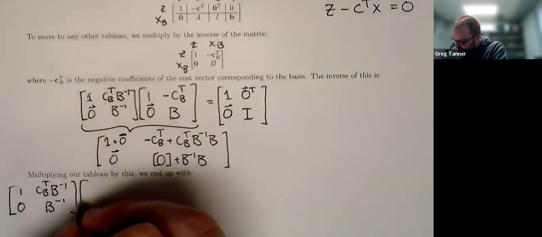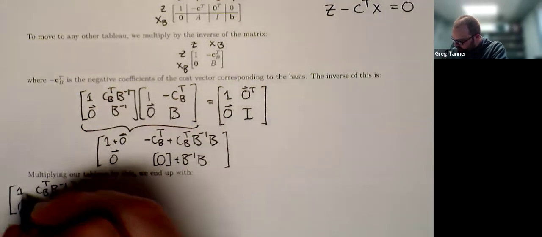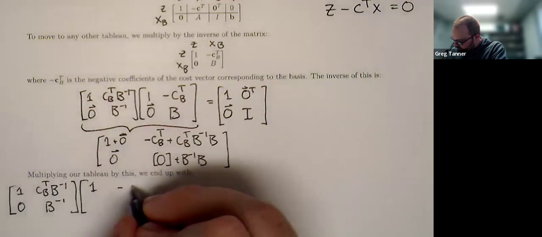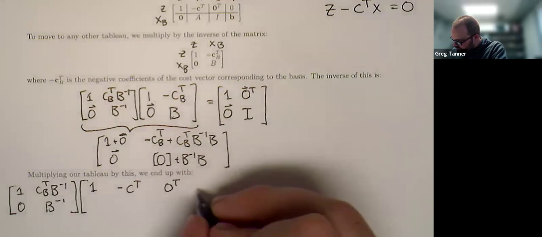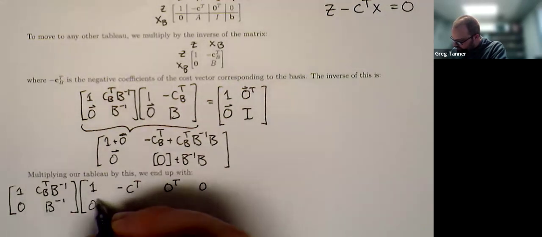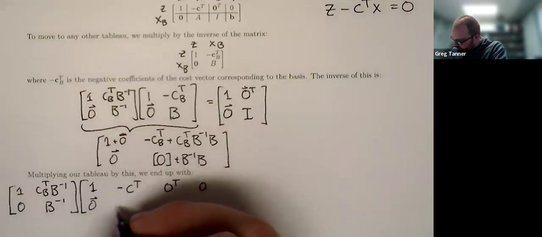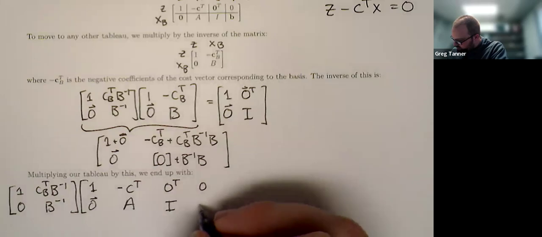And we want to multiply by our tableau. So 1, negative C transpose, 0 transpose, and 0. And then a 0 vector, A matrix, identity matrix, and a right-hand side vector.